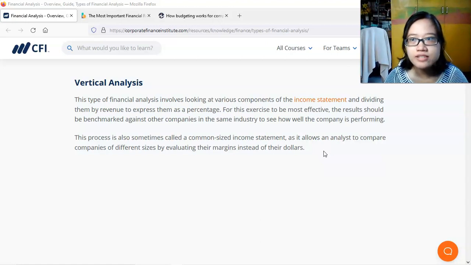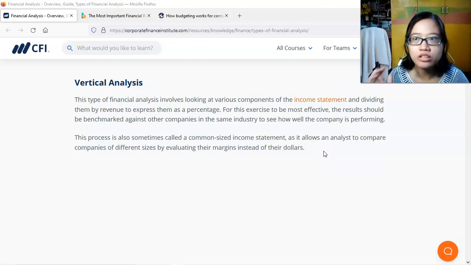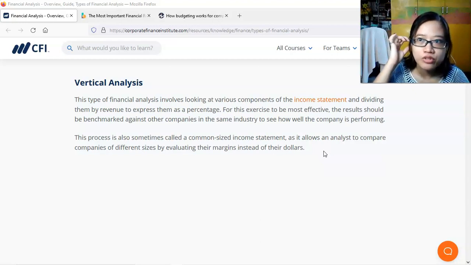Pwede mo rin siyang gamitin sa balance sheet or sa statement of financial position. Pagdating sa financial position, ang gagamitin mo lang doon na base ay total assets. So, kunwari, cash, pag magko-compute ka, yung amount ng cash divided by the total assets para makita mo, of the total assets, how much percentage is the cash.